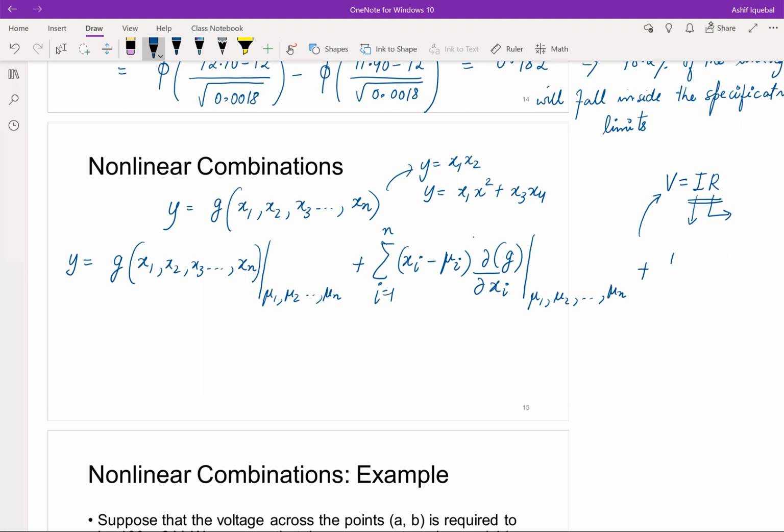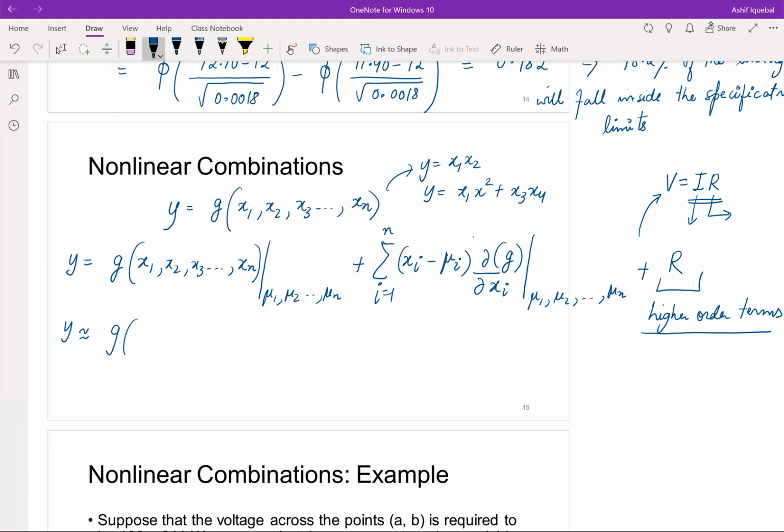After this, all of the terms are called higher order terms. These higher order terms are typically extremely small, negligible compared to the first two terms. So we typically ignore these higher order terms, and we can approximate y as just the first two terms.